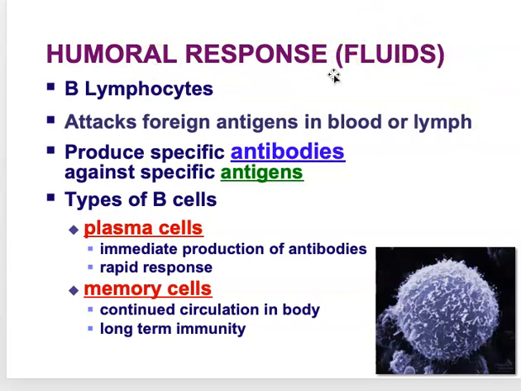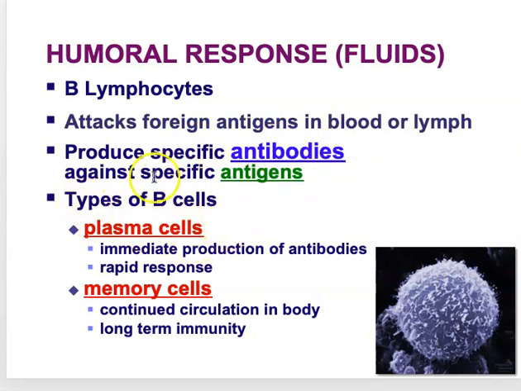They're going to be looking for them in the blood, in the lymph, and in the interstitial fluid. How are they going to attack? They're going to produce specific antibodies that will attack specific antigens. So a specific virus is going to lead to the production of a specific antibody that will only attack that virus.